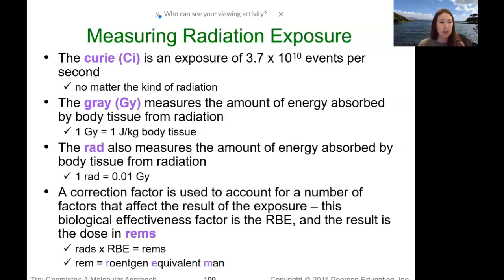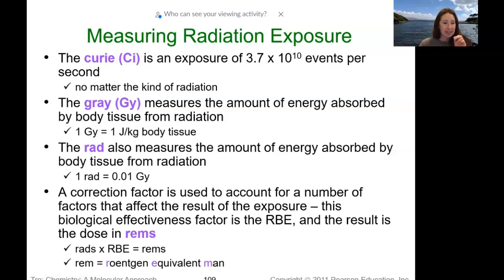Now the next one talks about the biologically effective dose. You'll usually see these as REMS. I'll talk about a REM again. Here's your REMS, or also Sieverts. I know it's a lot of names.